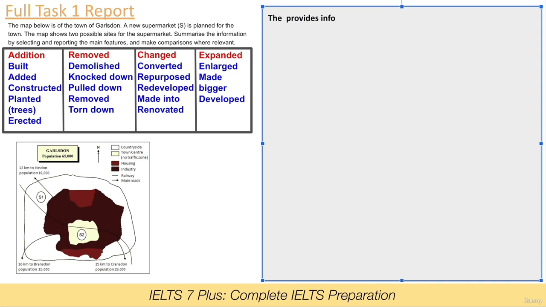This is an interesting word. The outline, like a map really. The outline provides information about the area of Galston. We'll make sure we spell that correctly. The outline provides, or maybe the image. Let's do the image. Provides information about the area of Galston.